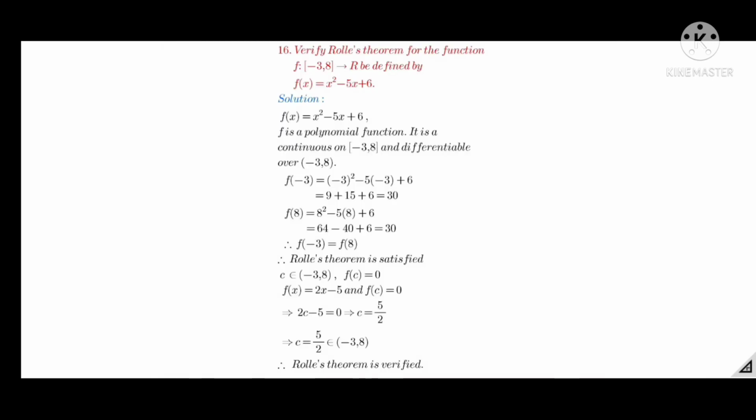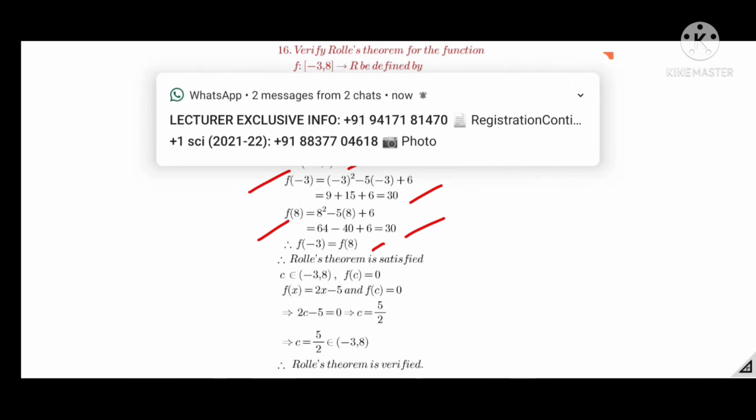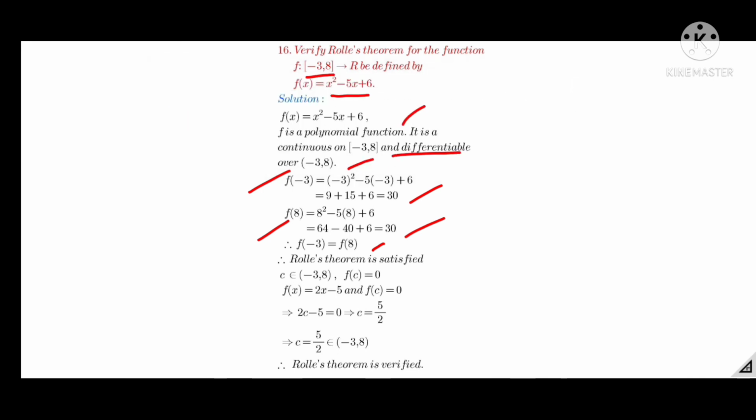Next question. Verify Rolle's theorem for the function x square minus 5x plus 6 for the interval [-3, 8]. Again f(x) is a polynomial function, so it is continuous and differentiable over [-3, 8]. Now f(-3) is equal to 30 and f(8) is equal to 30, that is f(a) is equal to f(b).